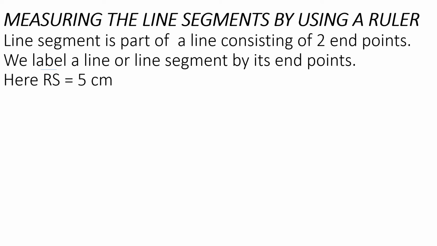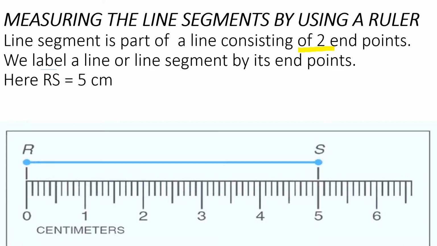Measuring the line segment by using a ruler. A line segment is a part of a line consisting of two endpoints. We label a line or line segment by its endpoints, using letters. Here RS is a line segment of 5 centimeter.